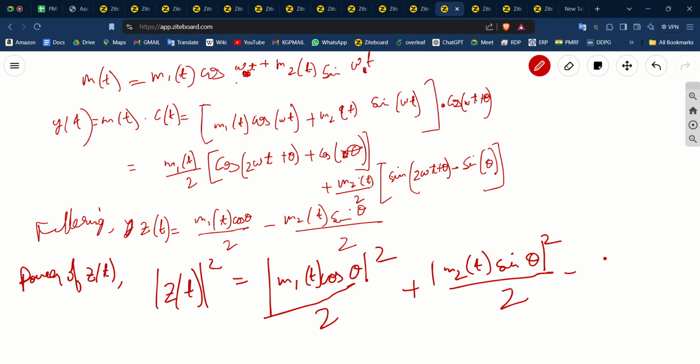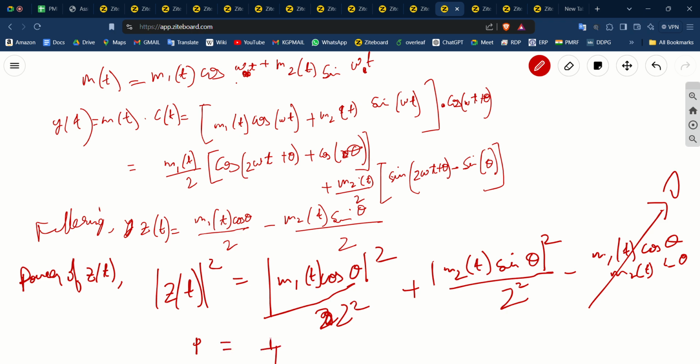And finally we will have one cross term, m1(t) m2(t) cos theta sin theta, but since the average of this product is given as 0, this will go to 0. So ultimately the power will be 1/4 mod m1(t) cos theta squared plus mod m2(t) sin theta squared.